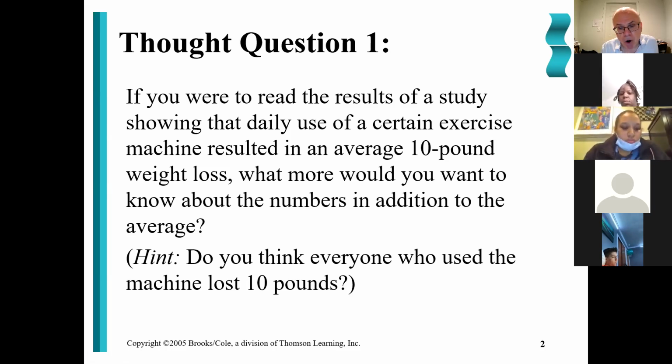We don't have to know each individual value. Of course, we would if we were going to calculate these numbers. But if we were describing this study to somebody, we would give them the average, and then give them some idea of how variable the numbers in the data set are.